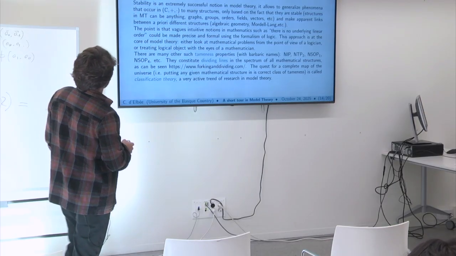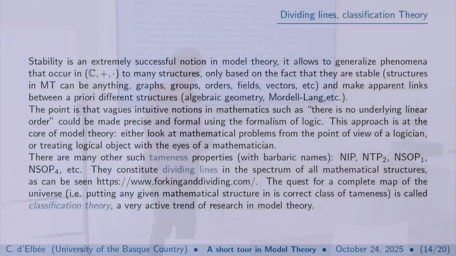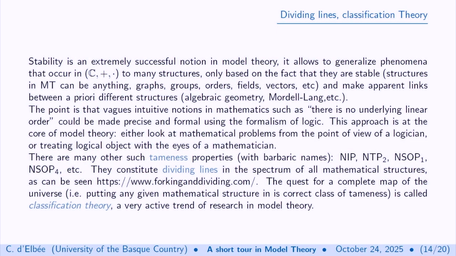Stability is an extremely successful notion in model theory. It allows us to generalize phenomena that occur in C to many other structures only based on the fact that they are stable. Recall that a structure in model theory can be anything, from a graph, from a line, from trees, orders.